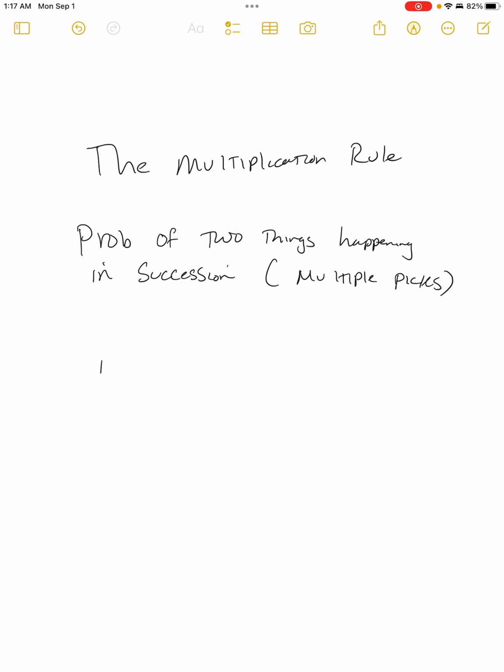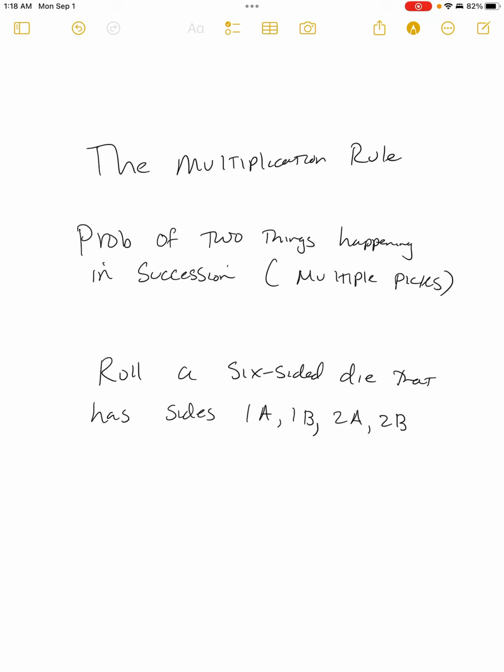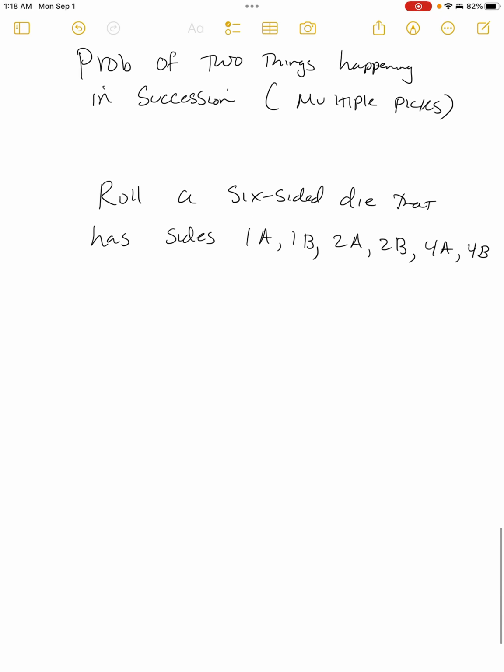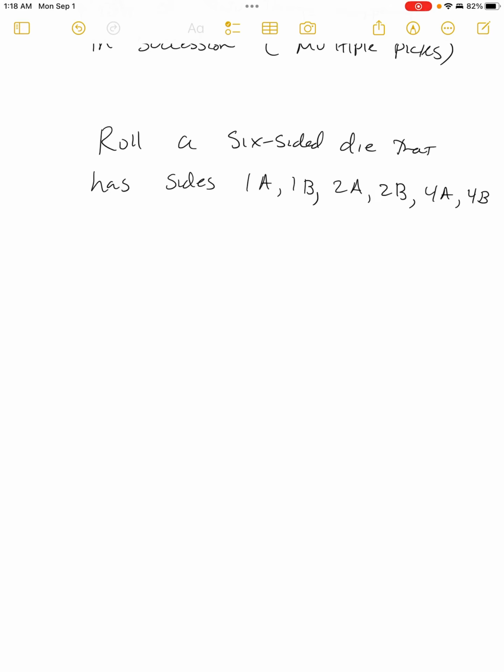They're going to give a die, and on that die, so you're going to roll a 6-sided die that has sides: 1A, 1B, 2A, 2B, 4A, 4B. Okay, just a little bit different than what they have for those first homework questions, but very similar.